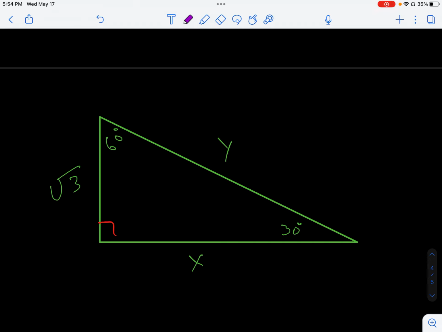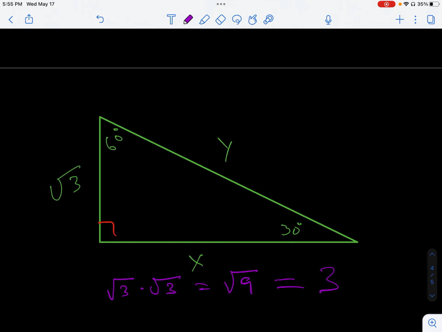So we've got a couple more examples here. If we have radical 3 as our short leg, to get to the long leg, we've got to multiply radical 3 times radical 3, which equals radical 9, which equals 3, because 9 is a perfect square.